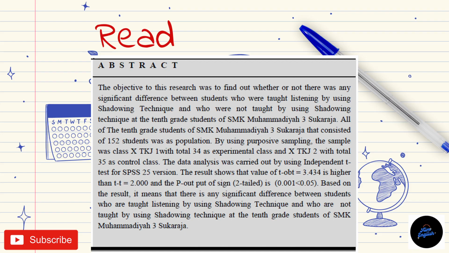For the analysis, the researcher applied independent t-tests with SPSS version 25, and the statistical analysis result shows that the significant value of two-tailed is lower than 0.05. It is 0.001. Based on the result, the researcher understands that there is a significant difference between students who are taught listening by using the shadowing technique and who are not taught by using that kind of technique.